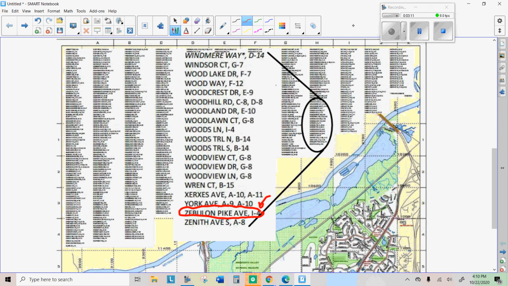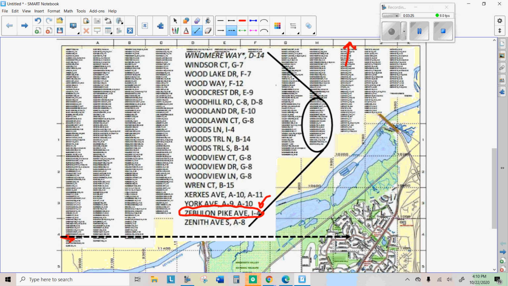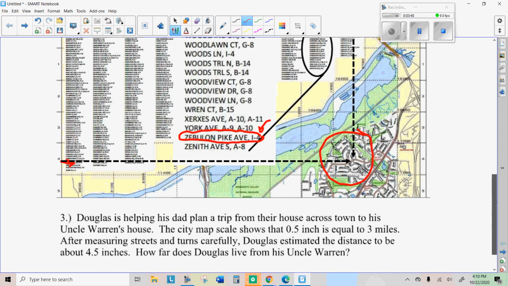So I'm going to go up to the letter and find I, that's right here, and then to the number 4, that's right here, and then I'm going to find where those two cross. So I and 4, and so somewhere in this little area here is Zebulon Pike Avenue. Okay, so that's how you would use that index on a map.